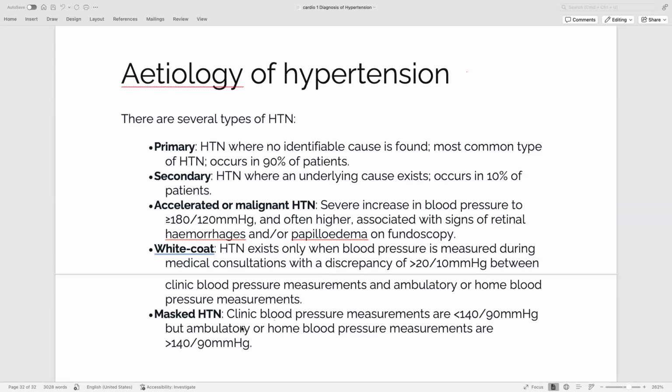So it's primary. There is no known cause. There is secondary, where there is an underlying cause, whether it is renal or adrenal or whatever.